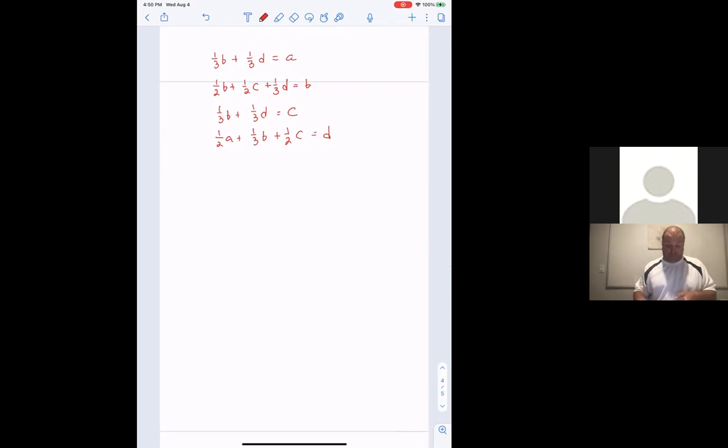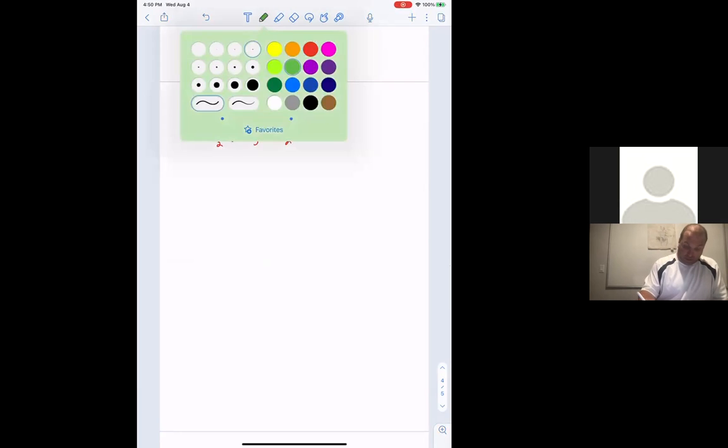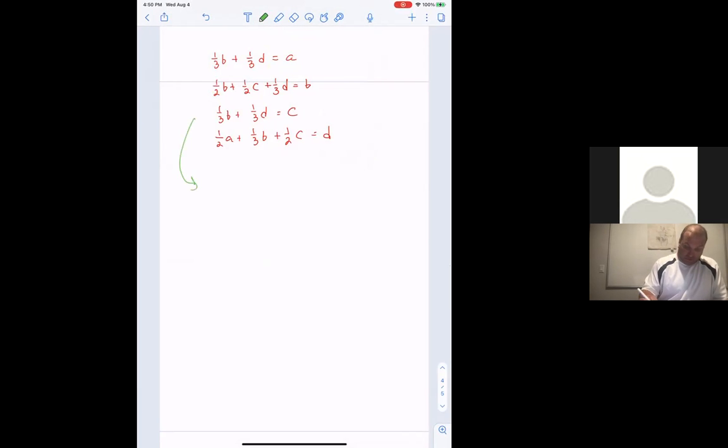Personally, I don't like using fractions. So let's multiply everything by 6, and let's get everything to the same side. So negative 6A plus 2B plus 2D is equal to 0.